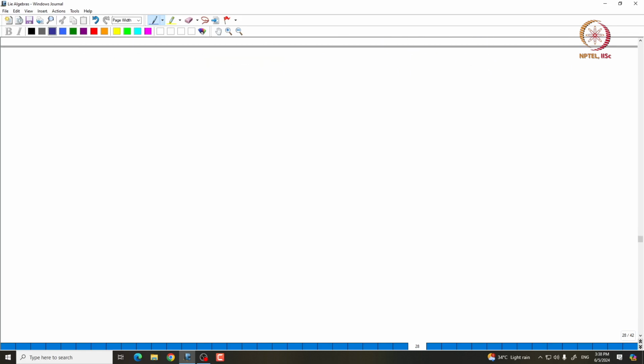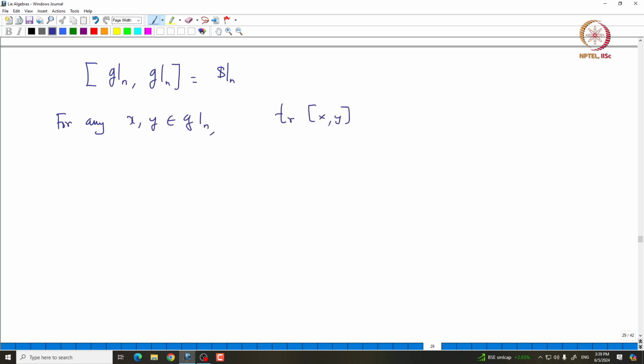So, now we will check that the derived algebra must be SLN. If we take GLN, the derived algebra must be SLN. One way is obvious, because for any x and y inside GLN, the trace of the bracket xy must be exactly equal to trace of xy minus yx, which is exactly equal to 0, because trace of AB is the same as trace of BA.